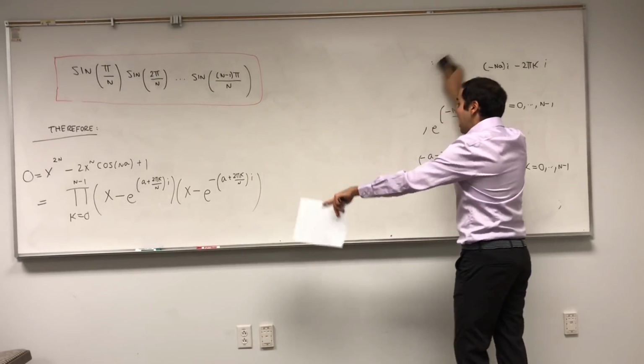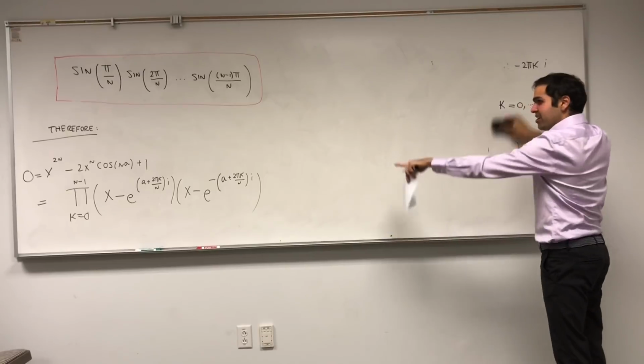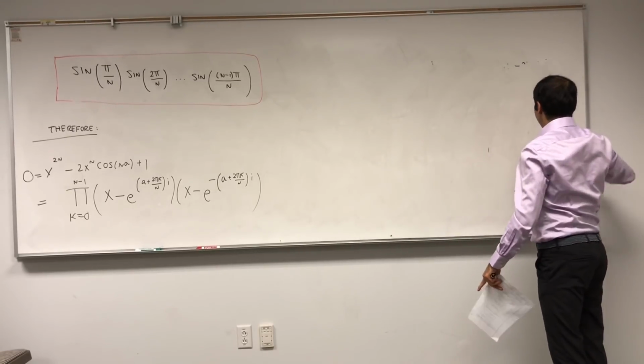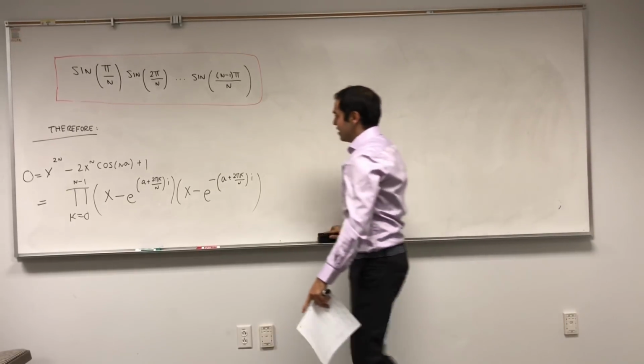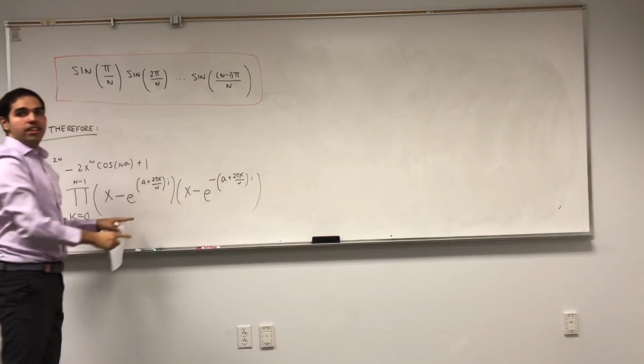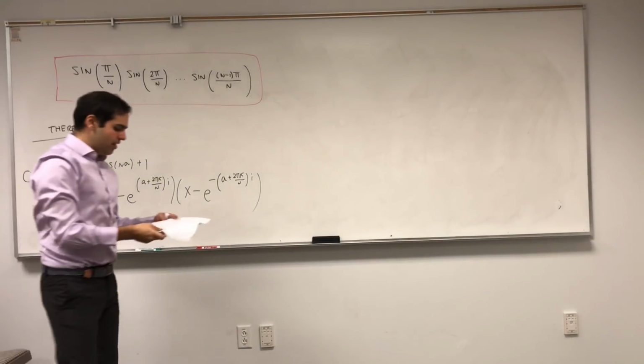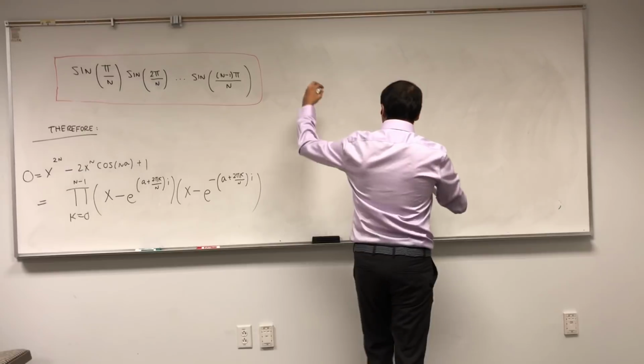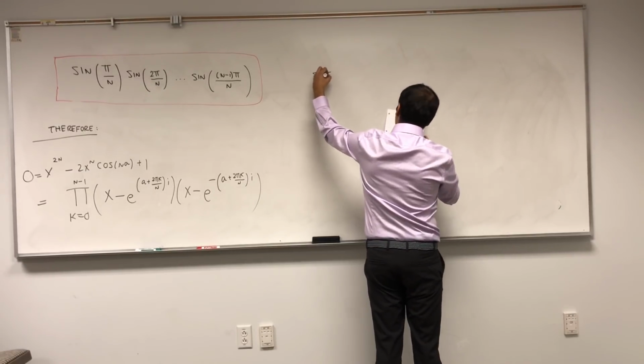Okay, and now the next step is, let's consider the term in the product. And it turns out we can simplify this a little bit to get back to the real world, so step 2.